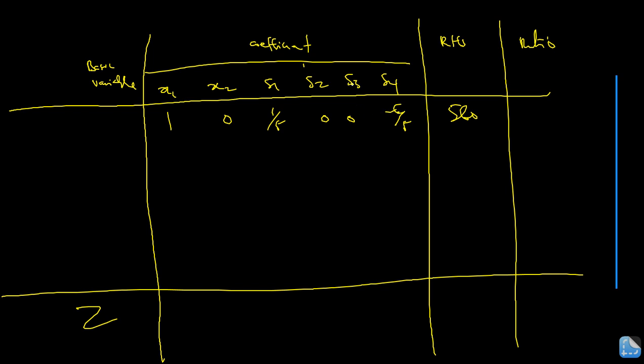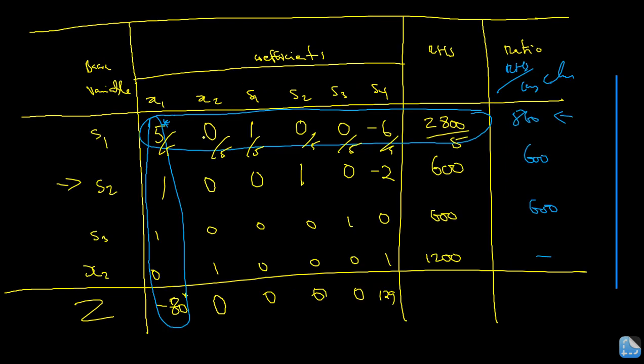Okay, now please take note that, remember what we said again, on the intersection between your key column and the key row, the corresponding basic variable, which is our s1, becomes redundant. Meaning it is going to be replaced by the corresponding variable in the key column if it's an x variable. So in our case here we have x1.